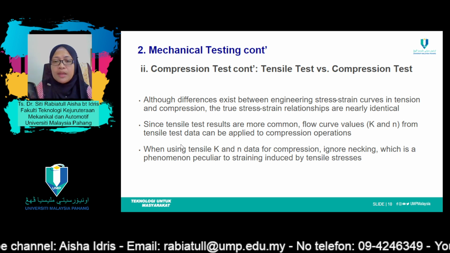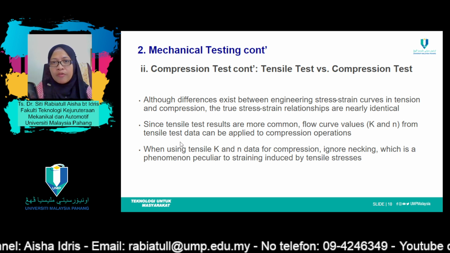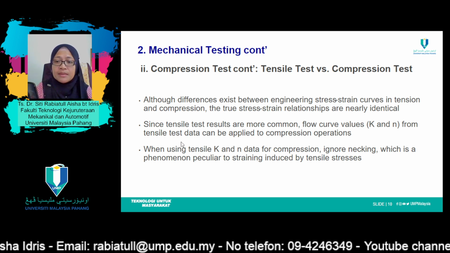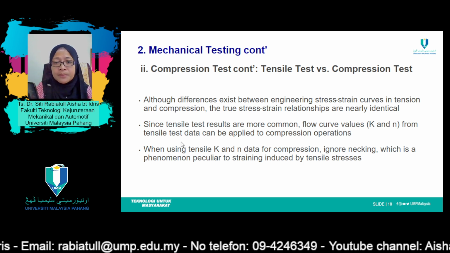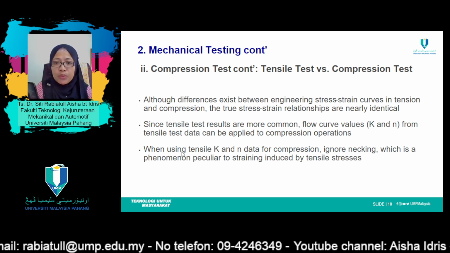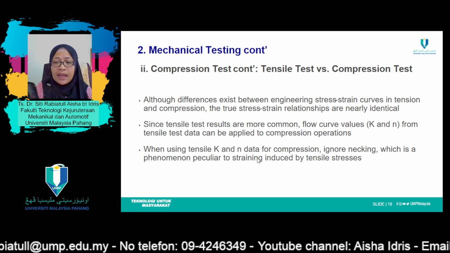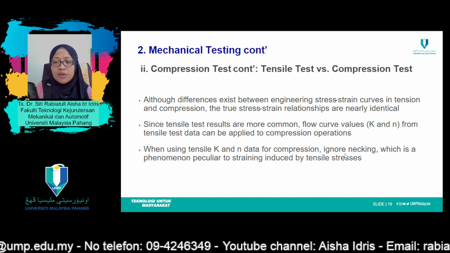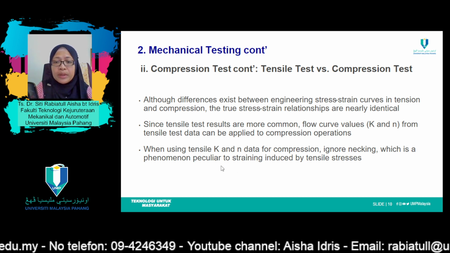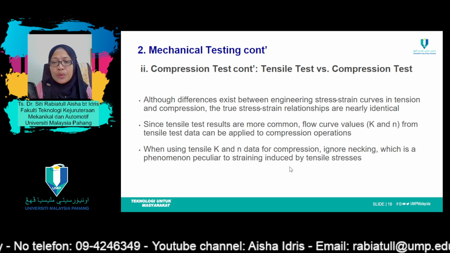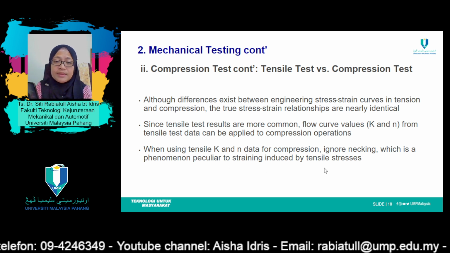Well, normally they also have some sort of formula to convert from tensile to compression data. Number 3, when using tensile K and n data for compression, ignore the necking, which is a phenomenon peculiar to straining induced by tensile stresses.